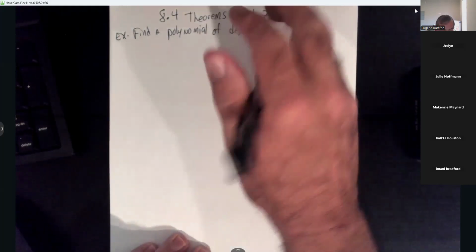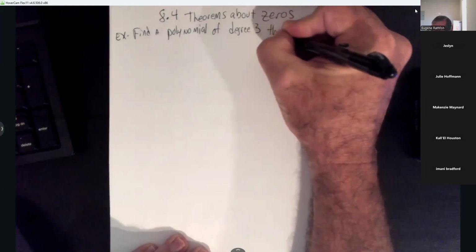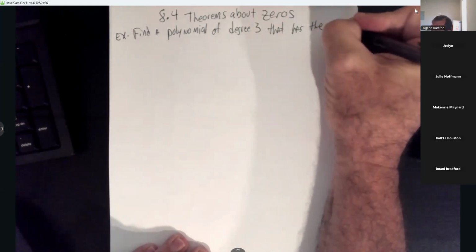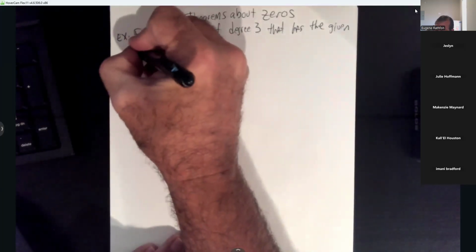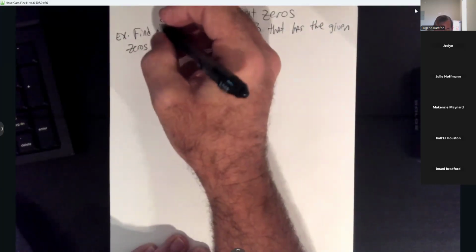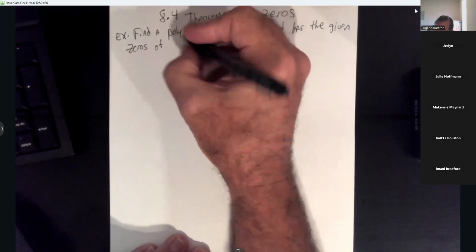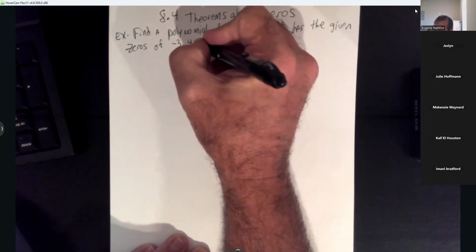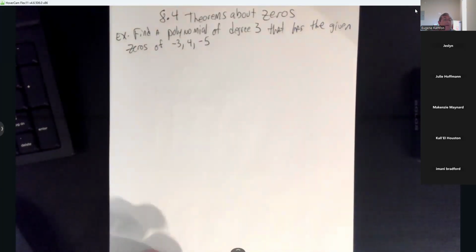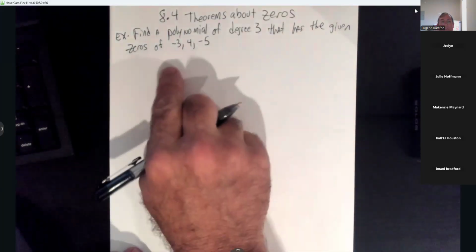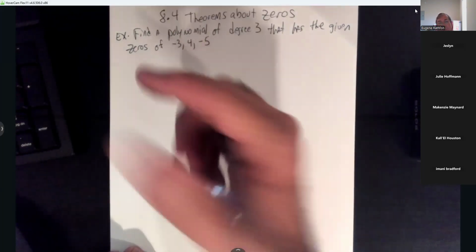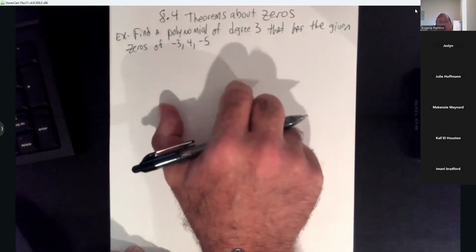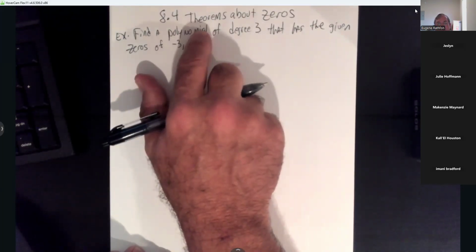Okay, so of degree 3 that has the given zeros of a -3, a +4, and a -5. So they're giving me the 3 zeros of this polynomial. And they want me to work in reverse and find that polynomial.